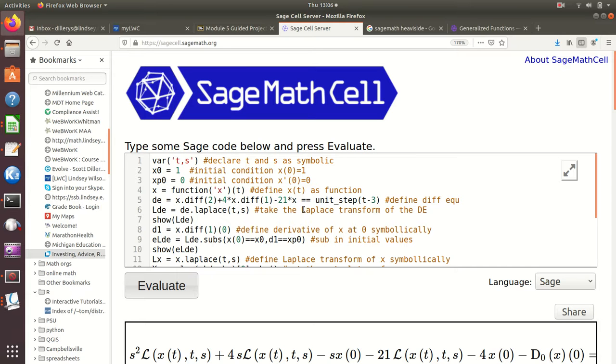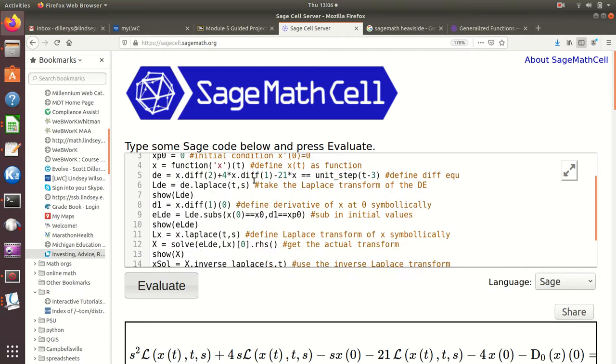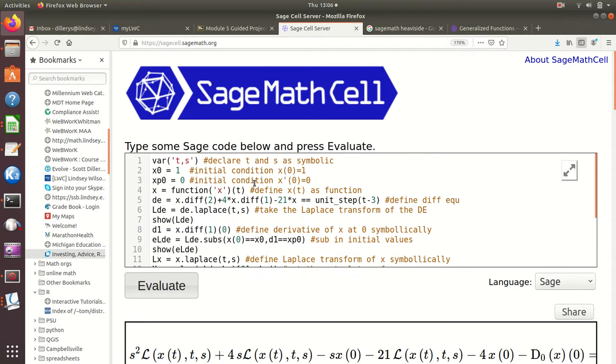All right, now I want to solve that unit step function or Heaviside function idea on Sage. So what I have here is that original script that we just did a bit ago with our x double prime, 4x prime, and then minus 21x.